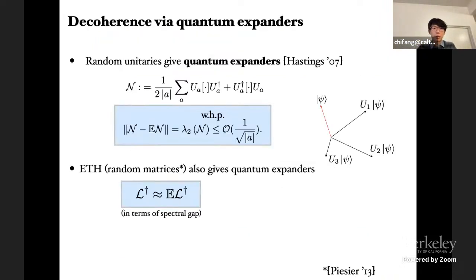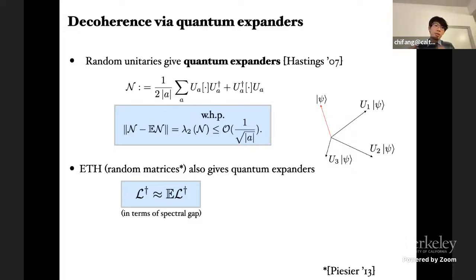What you have to deal with in the quantum case is decoherence, because you can have a very entangled state, but you want to nevertheless argue that it converges to a very mixed state. And to do that, we have to borrow an idea called quantum expander. This idea was first proved by Hastings by considering random unitaries.